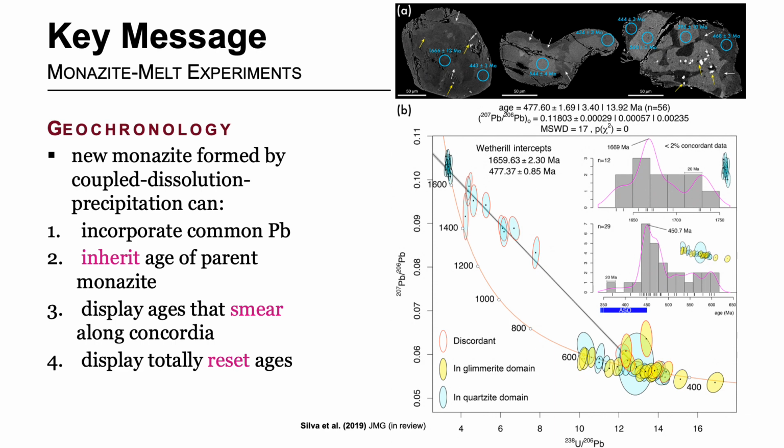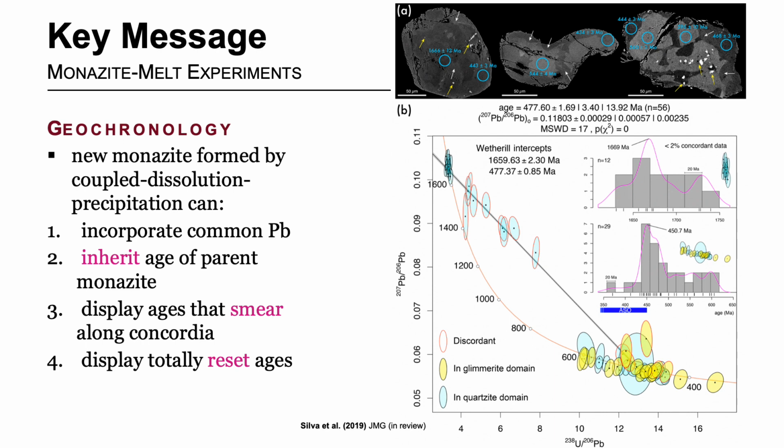In a natural sample here from Central Australia that one of our students has been working on, this is a sample from a shear zone. The precursor rock looks like it's something in the range of 1660 million years old. Some of those precursor grains or domains of the grains have experienced lead loss on a discordia, the light blue symbols heading away from that 1660 position.